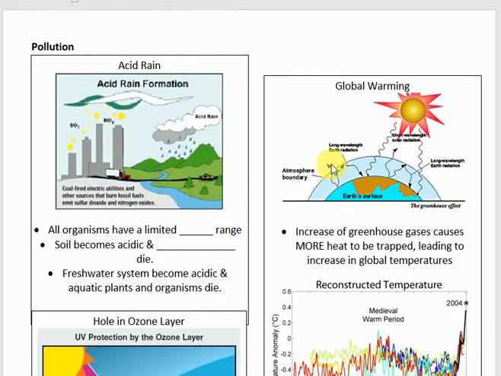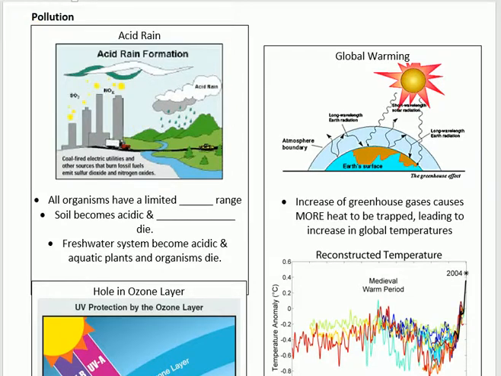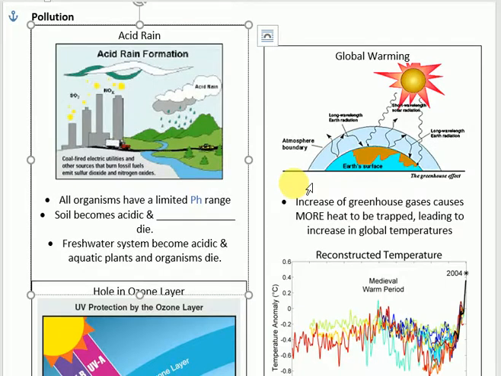So let's talk about the pollution. So the first thing is acid rain. And we learned early on that all organisms are going to have a limited pH range.